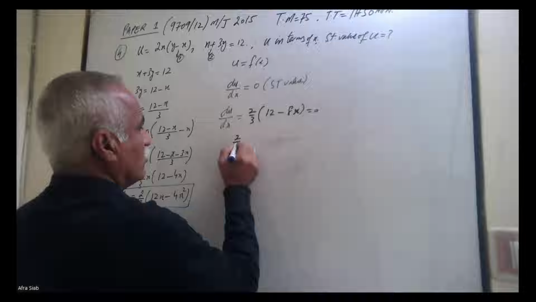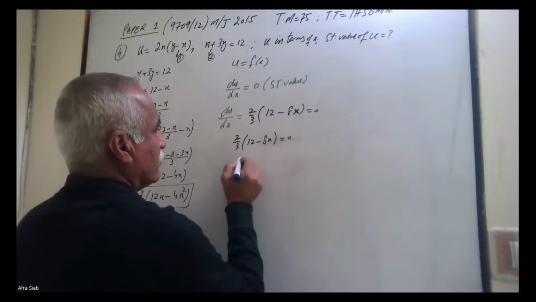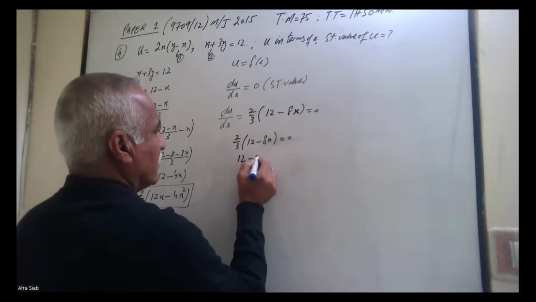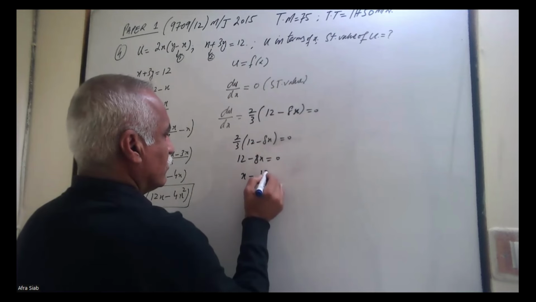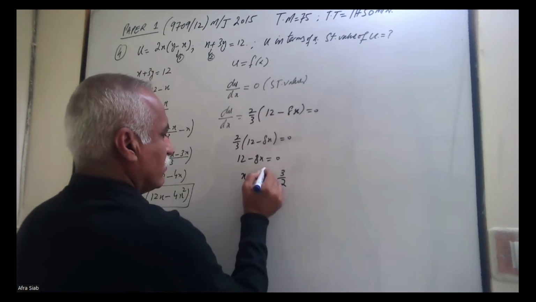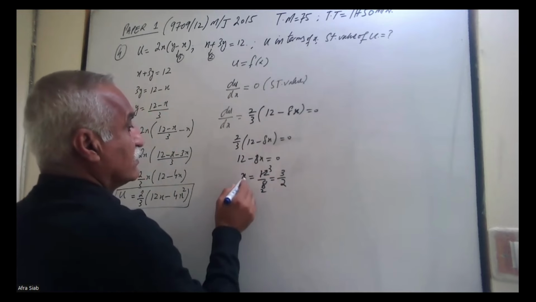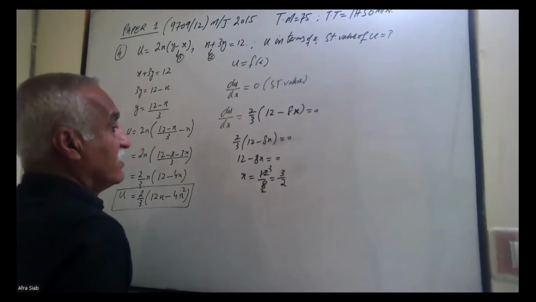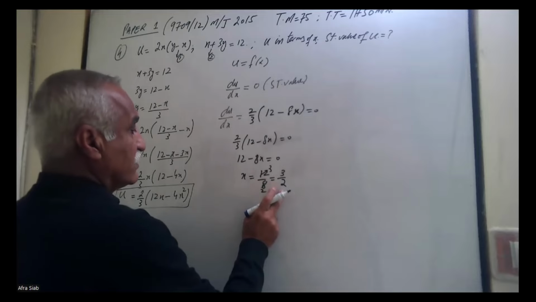So 2 by 3 into (12 minus 8x) is equal to 0, or 12 minus 8x is equal to 0, or x is equal to 12 by 8, which is equal to 3 by 2. So x is equal to 3 by 2 for this part.